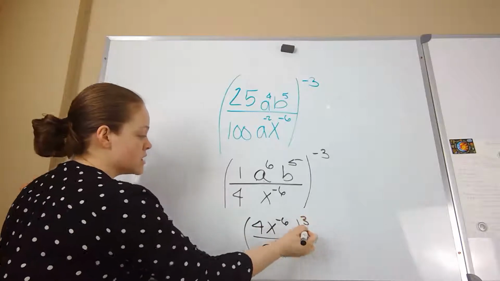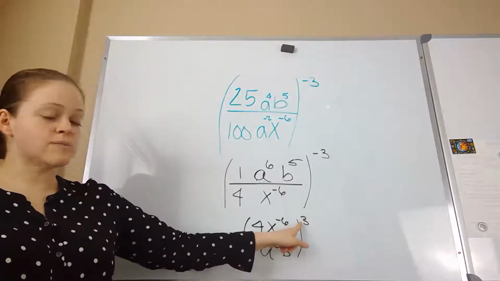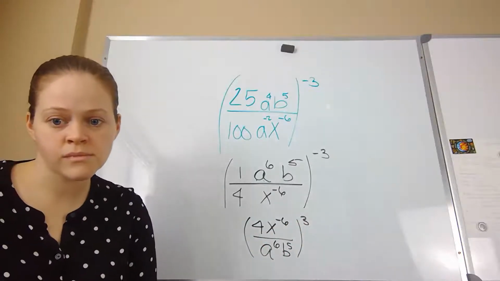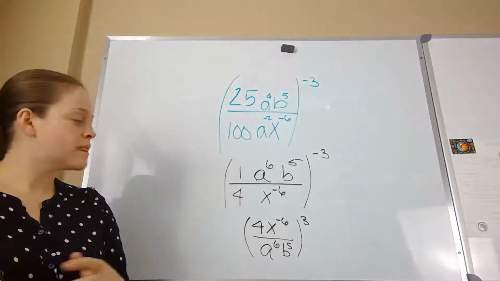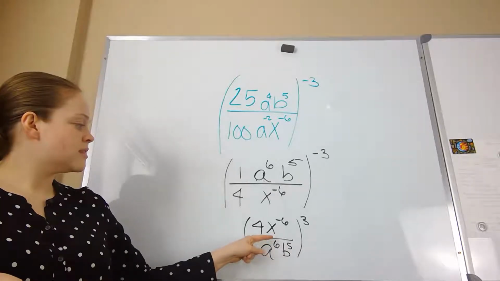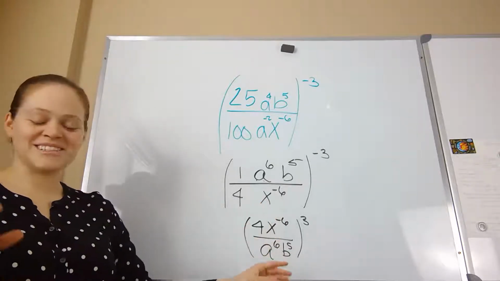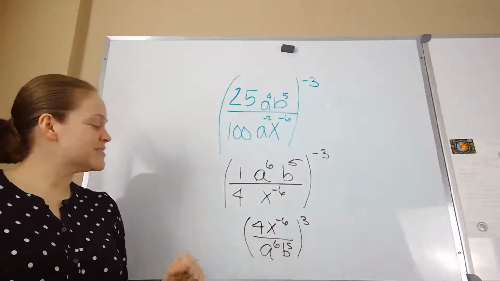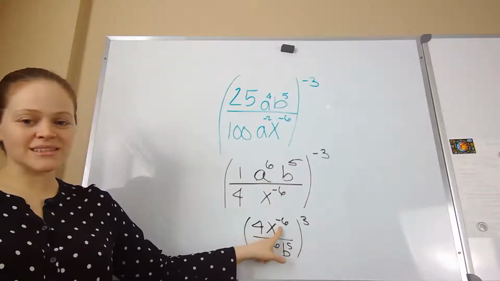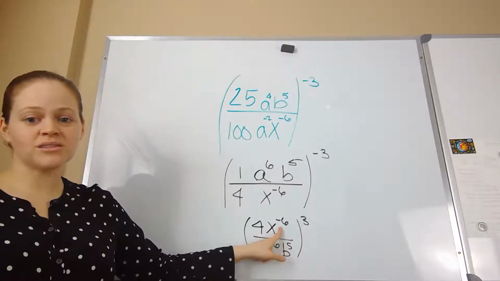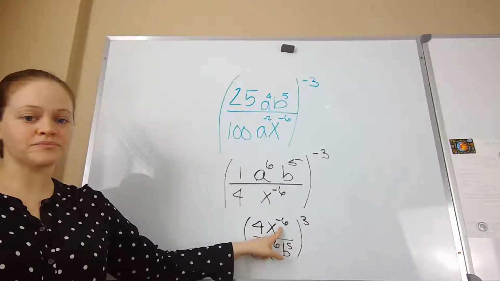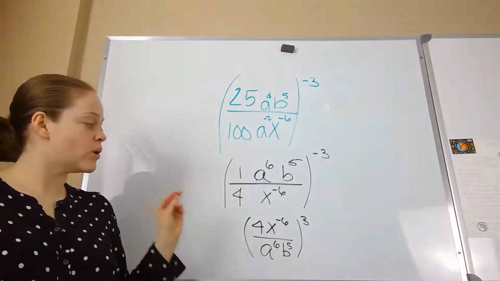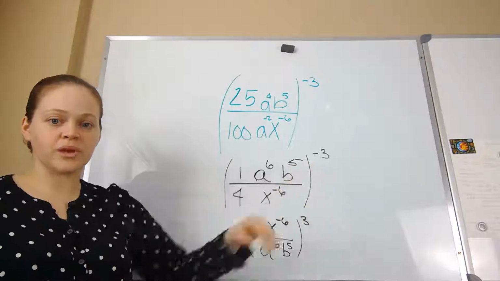Notice a couple things here. One, my exponent now became positive. And notice that the exponent on the 6 is still negative because we did not deal with the negative on the 6. We only dealt with the negative on the 3.